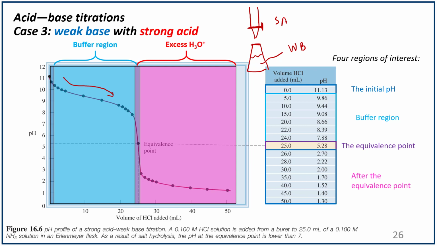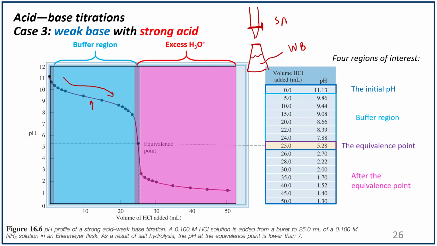That's why you see a lowering in the pH. But at this point, since you're producing ammonium and there still is some ammonia left over, you have a buffer again. There are interesting points in this buffer, such as the pH at half the equivalence point, which we will look at later.